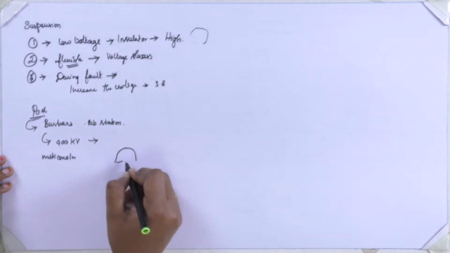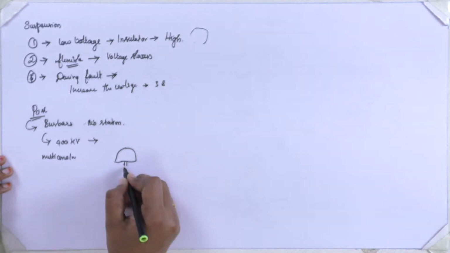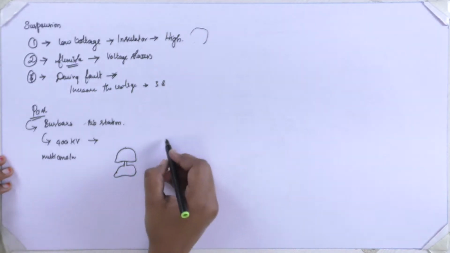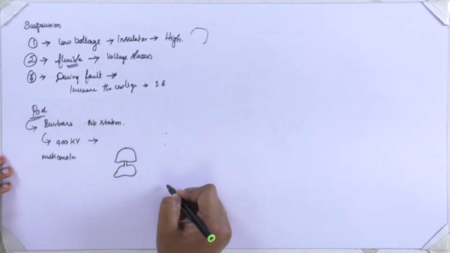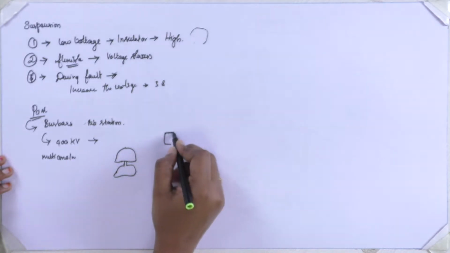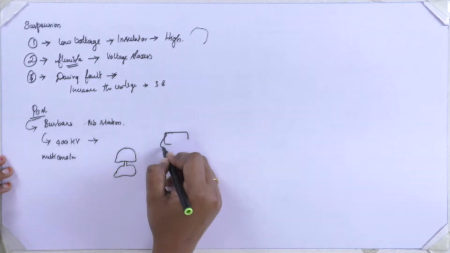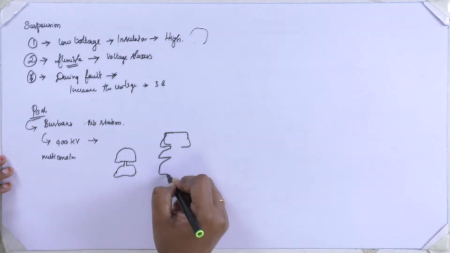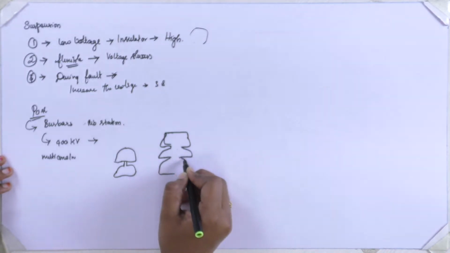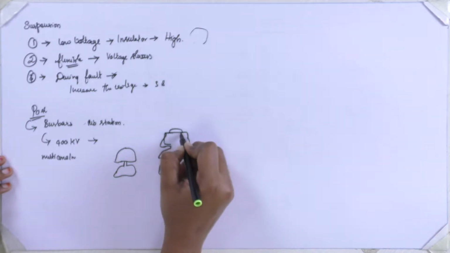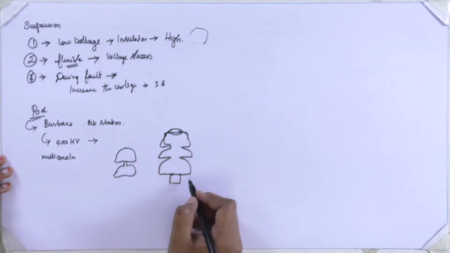If the insulators are cemented to one another, as in the suspension type, but in the position of a pin insulator, and two or more pin insulators are connected with each other, that will form one of the post insulators. This is one of the post insulators.